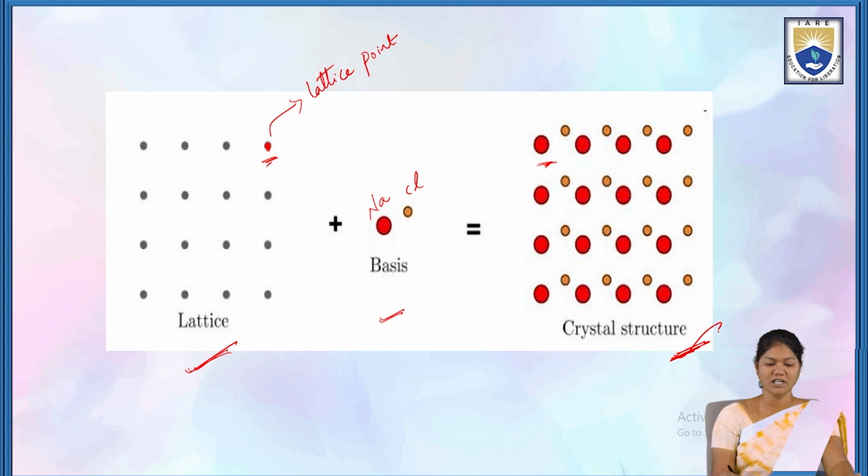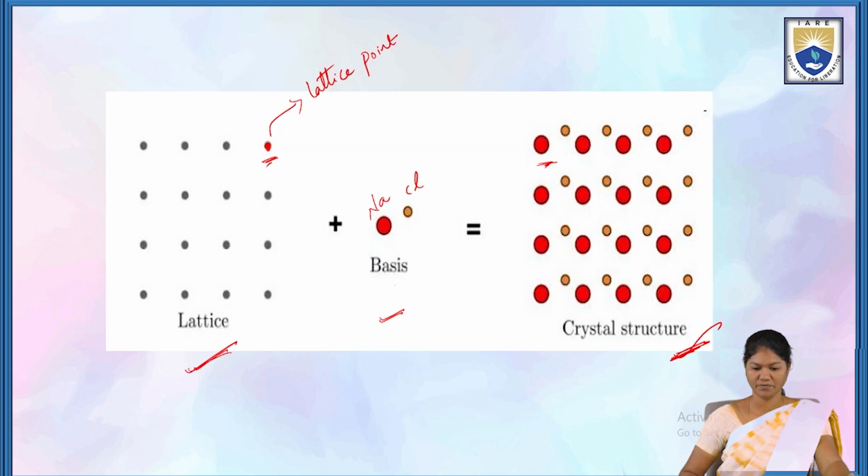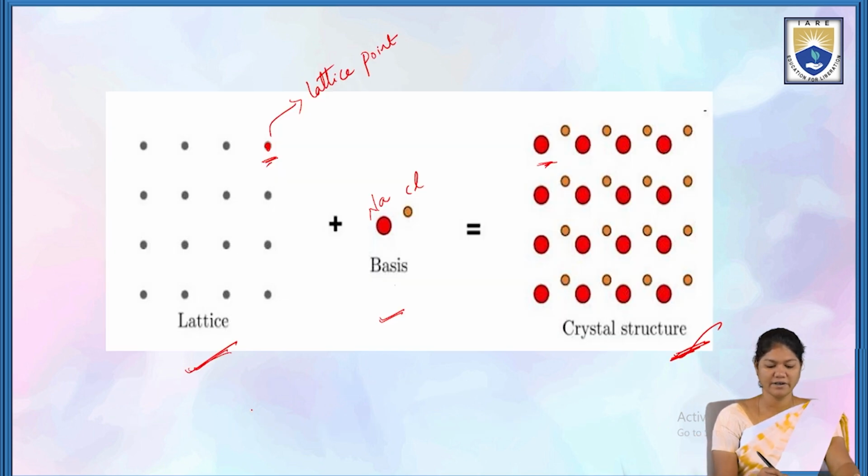If we take NaCl, the NaCl crystal will be at each lattice point. I will show.